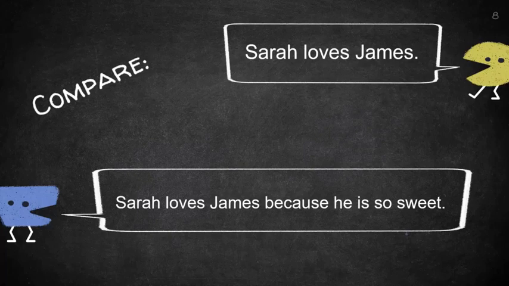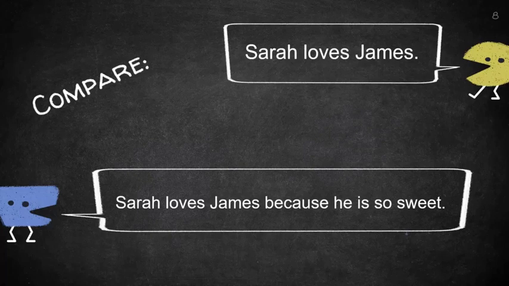A simple sentence is a sentence consisting of one clause, or in SFL, we call it a clause simplex. The second sentence is longer, and if you notice, it actually conveys two different ideas. First, that Sarah loves James, and second, that he, James, is so sweet.